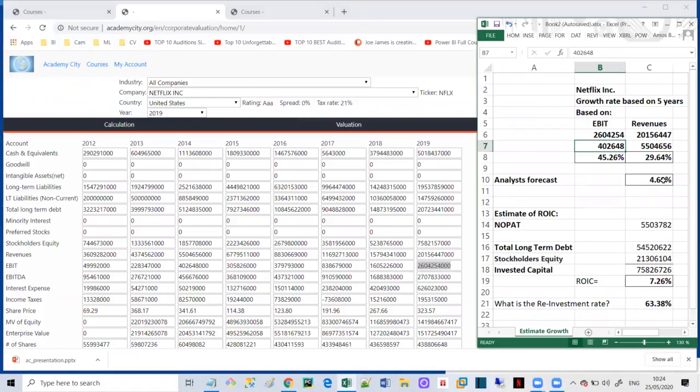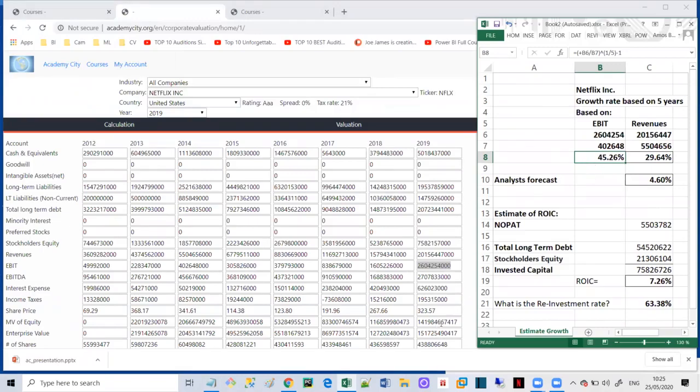On one hand, the analysts say the future for entertainment is going to be 4.6. The previous 5 years say that Netflix is really growing like crazy. So which number should I use for the growth rate for the next 5 years for Netflix? Does anybody have suggestions or thoughts?